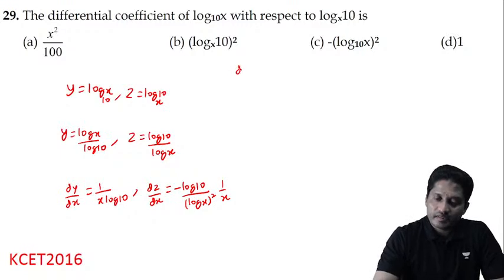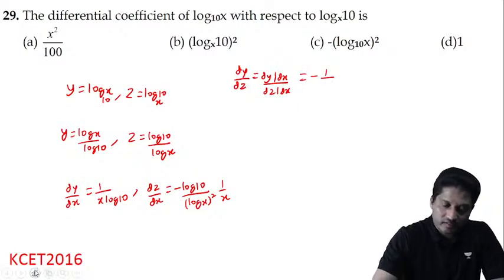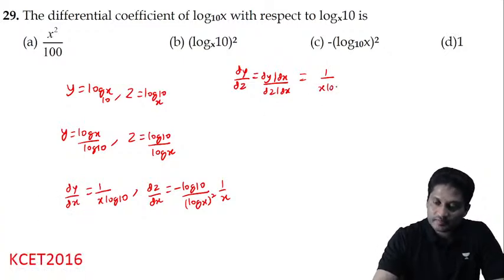Now dy by dz is equal to dy by dx divided by dz by dx. That is 1 by x into log 10, divided by minus log 10 divided by x into log x the whole square.